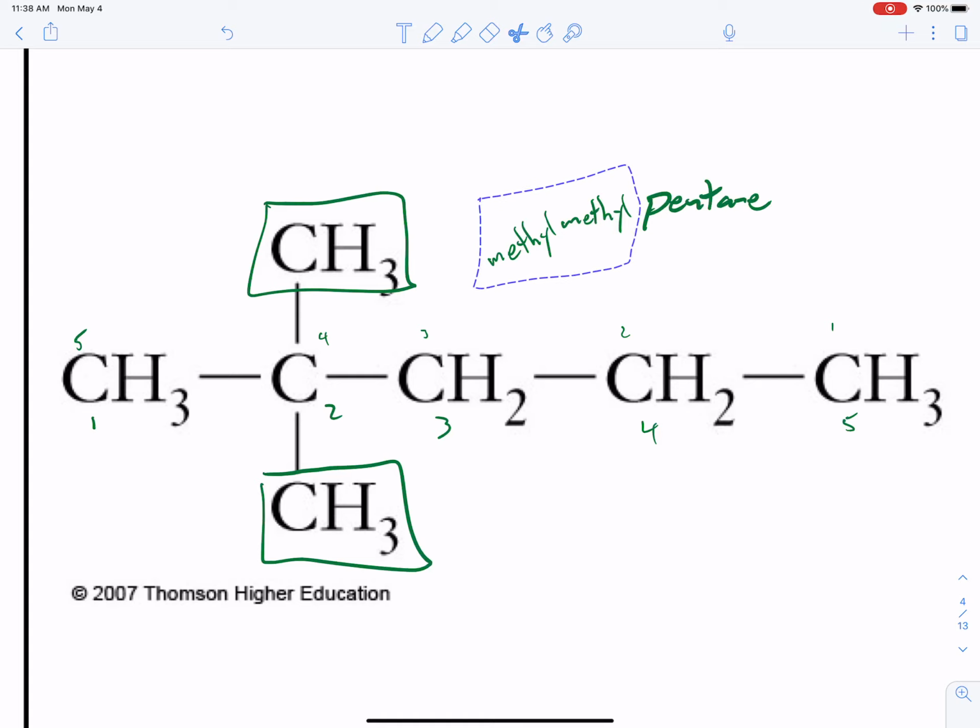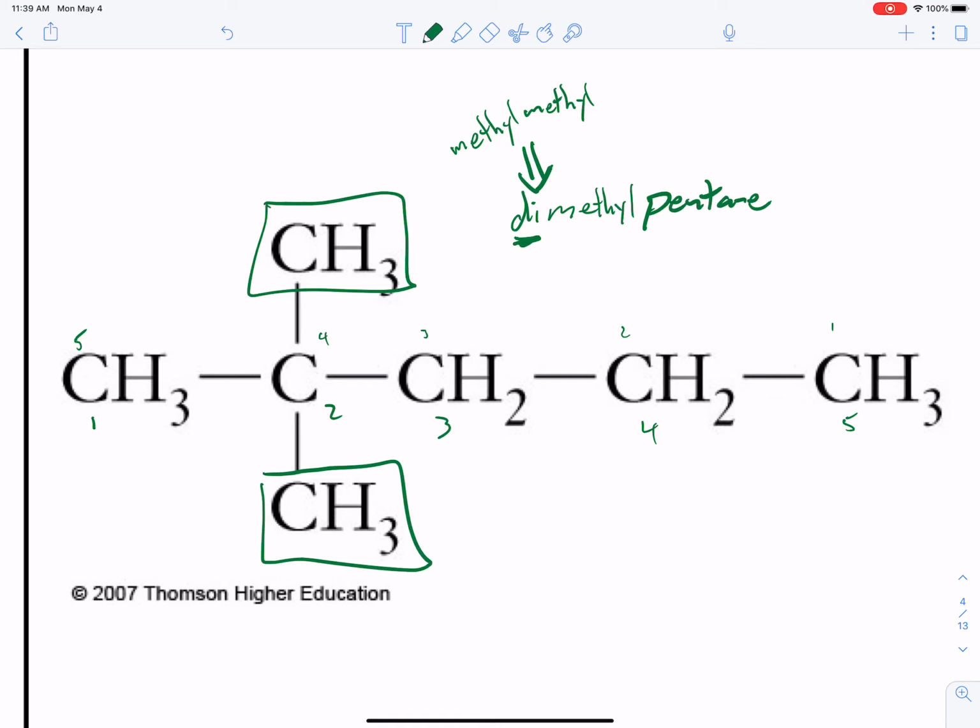So if I have these 2 methyls, what if I take these 2 methyl groups right here and, instead of saying methyl, I called it dimethyl? Because remember, before we talked about how di means 2. So dimethyl means I've got 2 methyls.